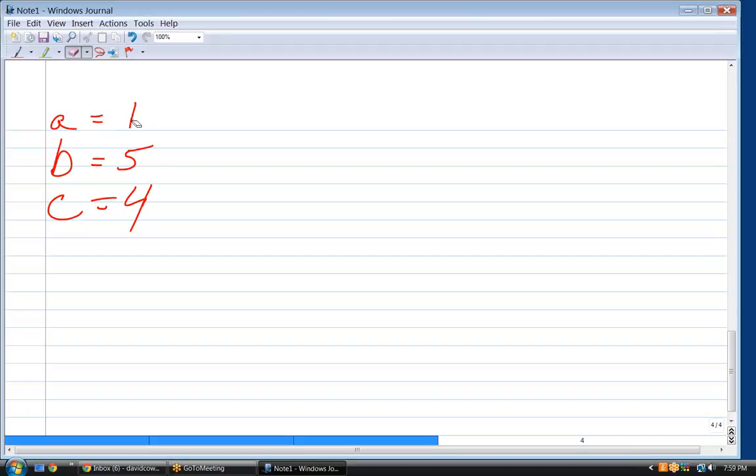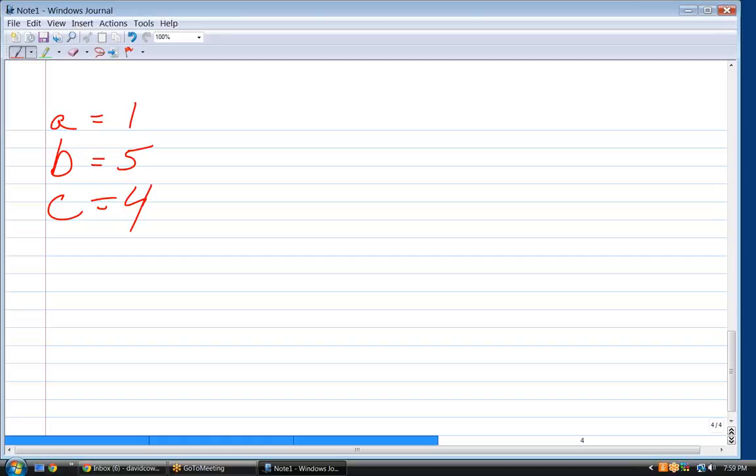But notice this has to apply to all three sides of the triangle. Side A, 1, is not greater than the difference of the other two. The difference of B and C is 1, and A is not greater than 1. Can't be equal. It's got to be greater or less than.